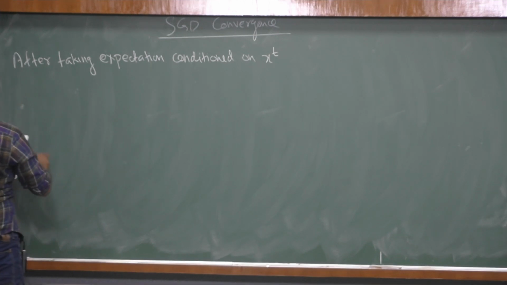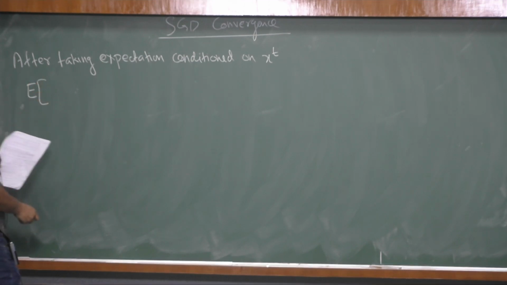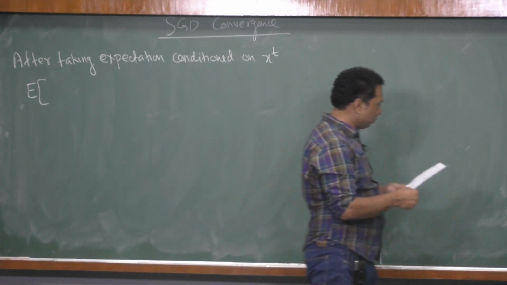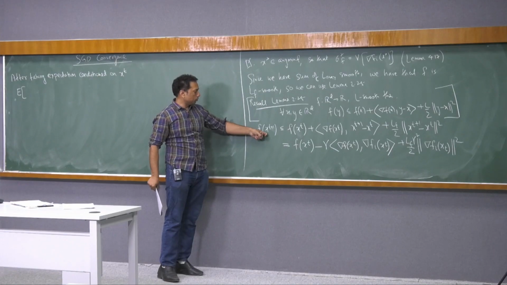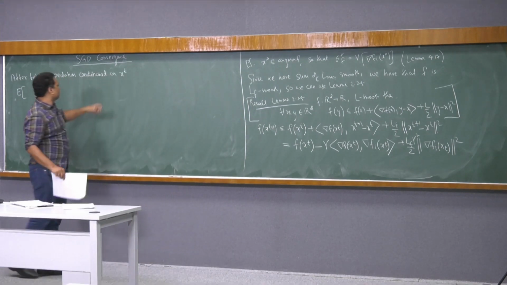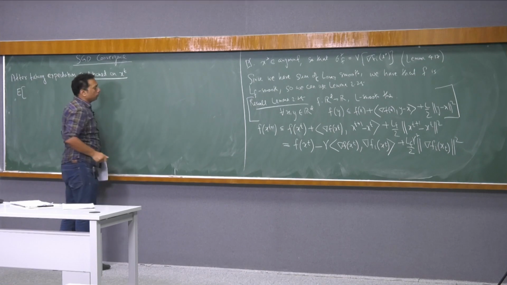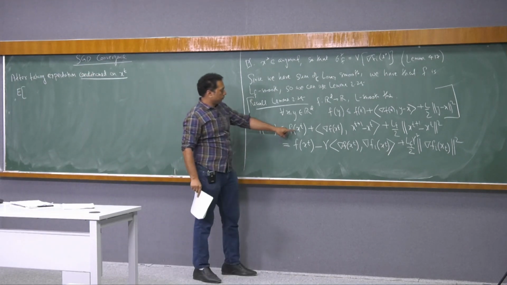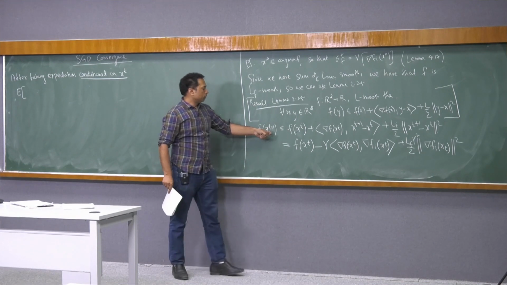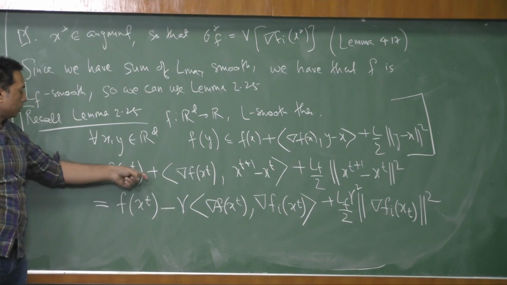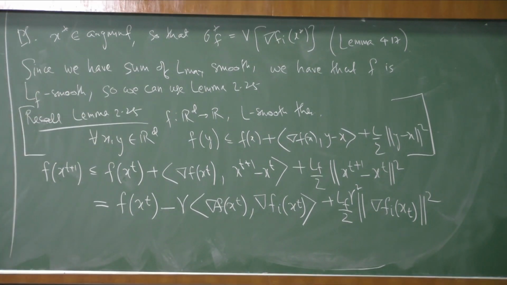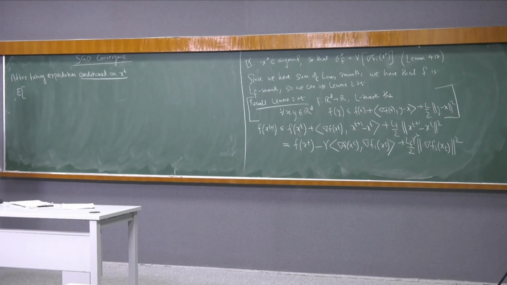So this will be expectation of, as I said also in the previous analysis, because if x_t is given, meaning here we say that it's conditional on x_t, then of course x_t is no longer a random variable, but x_{t+1}, which is obtained via x_t minus gamma grad f_i(x_t), which is a stochastic variable, remains a random variable.